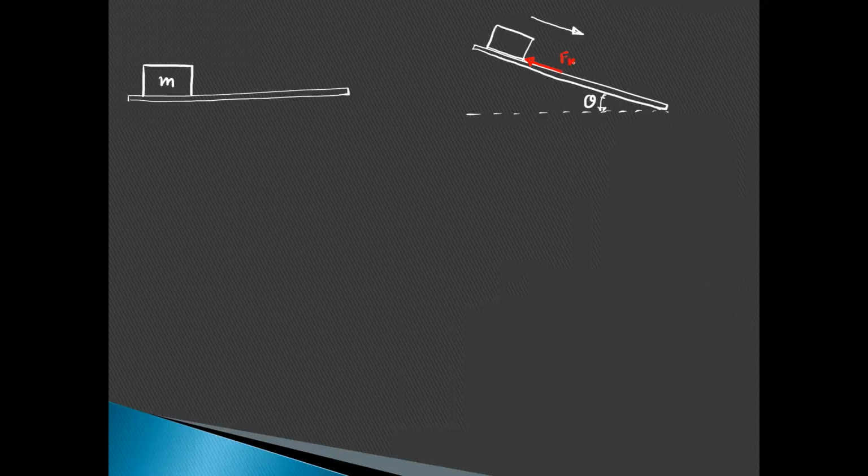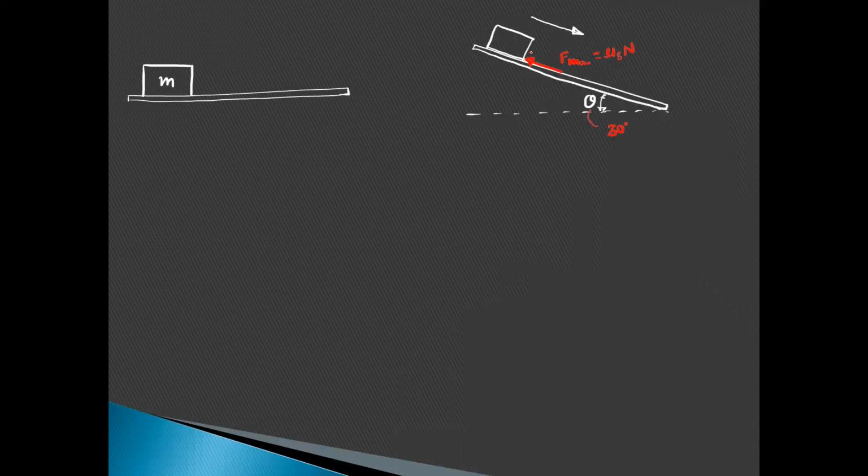So this force will be F max, and this is equal to mu s into normal reaction. Suppose we take this theta angle as 30 degrees. At theta 30 degrees we get the maximum frictional force, so it becomes the limiting condition and the object is on the verge of motion.